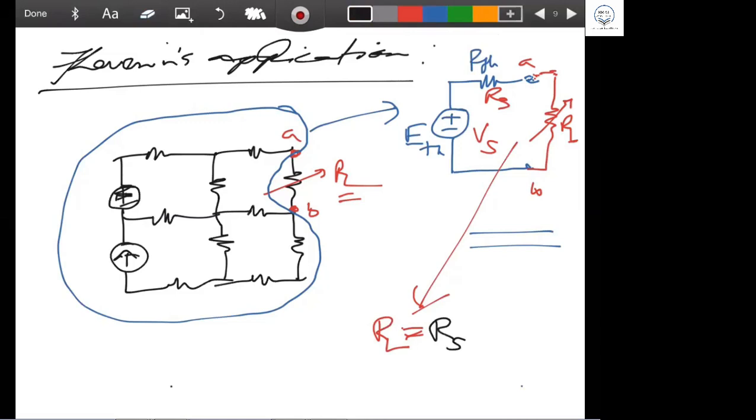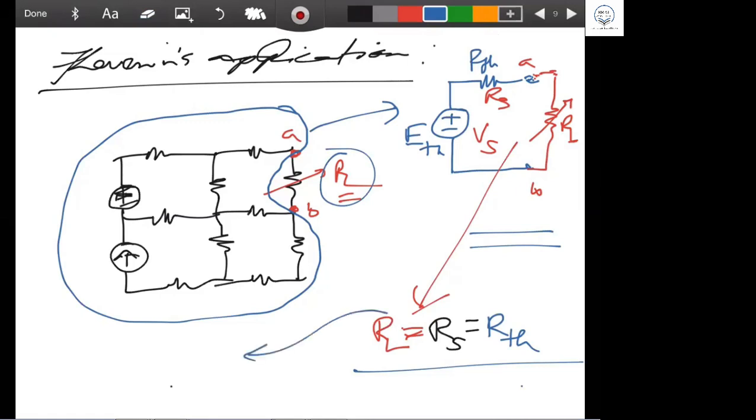But we are talking about the Thevenin circuit, so it will be equal to R Thevenin. Good. So if the load resistance is equal to R Thevenin, that means it is equal to RS, and at this time we get the maximum power.